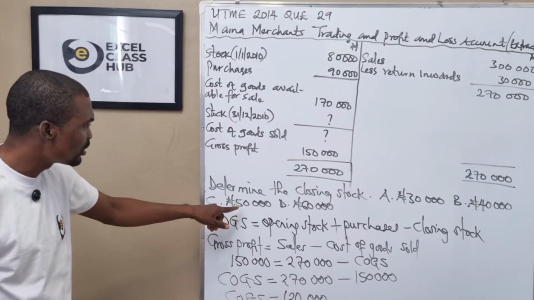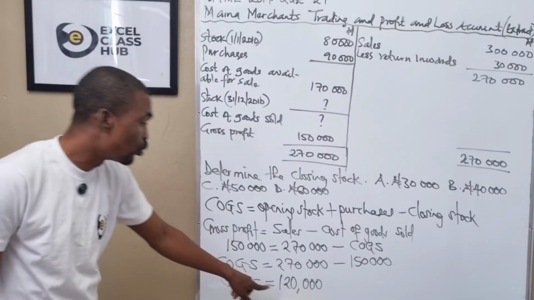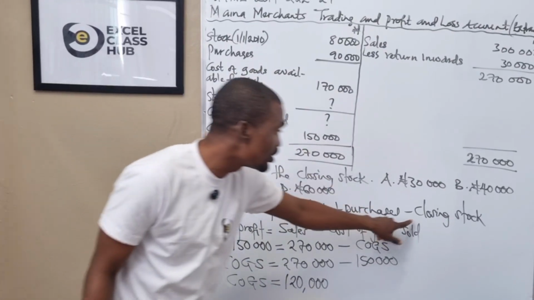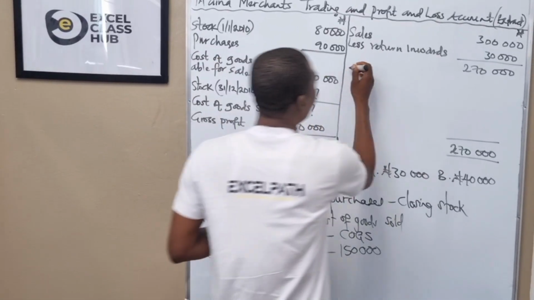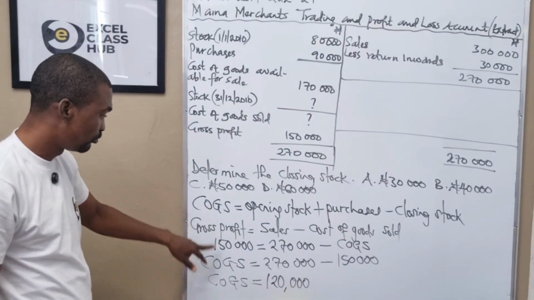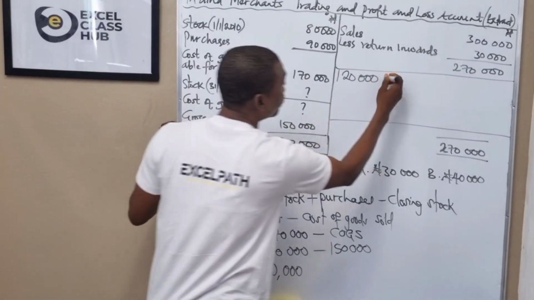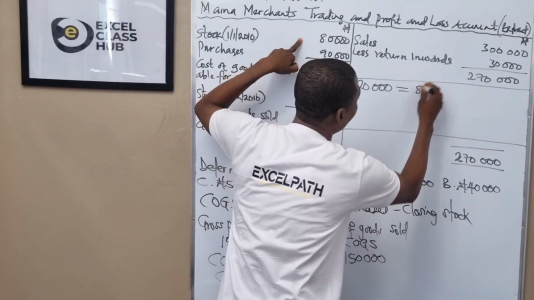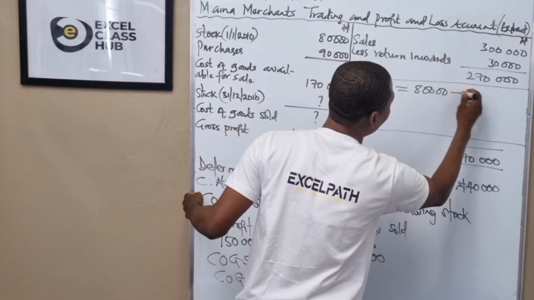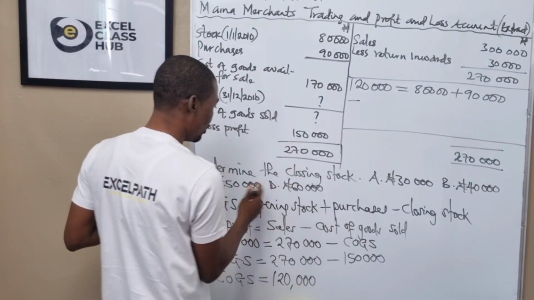So for our closing stock, we are going to apply the cost of goods sold formula, which says that cost of goods sold, which we have gotten as 120,000, equals opening stock 80,000 plus purchases 90,000 minus closing stock. That is what we are looking for now.